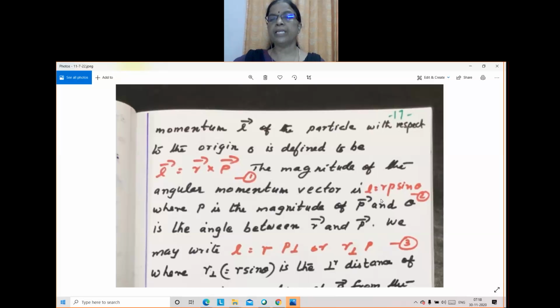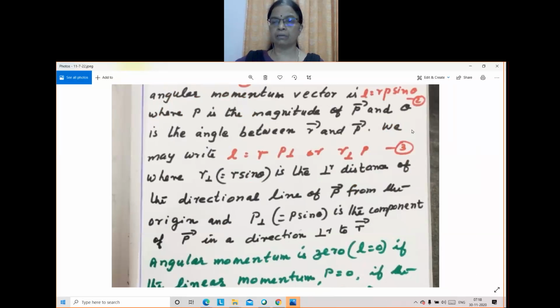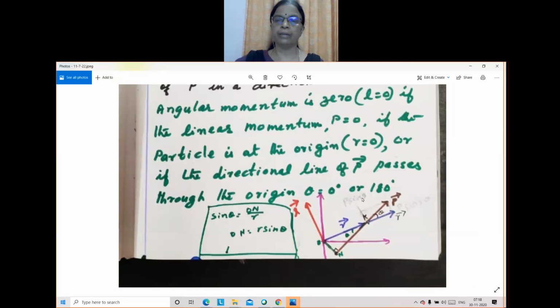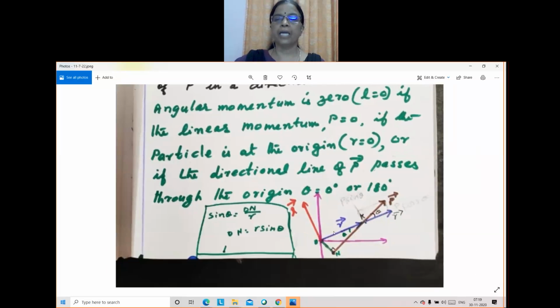What are the other cases for angular momentum L equal to 0? Either R equal to 0. See the figure. R is the position vector, that means the distance from the origin to that point.